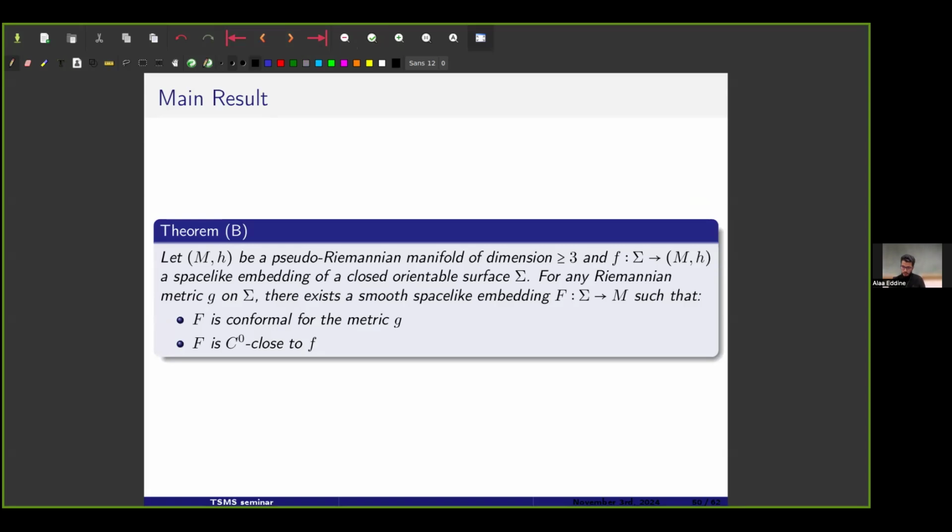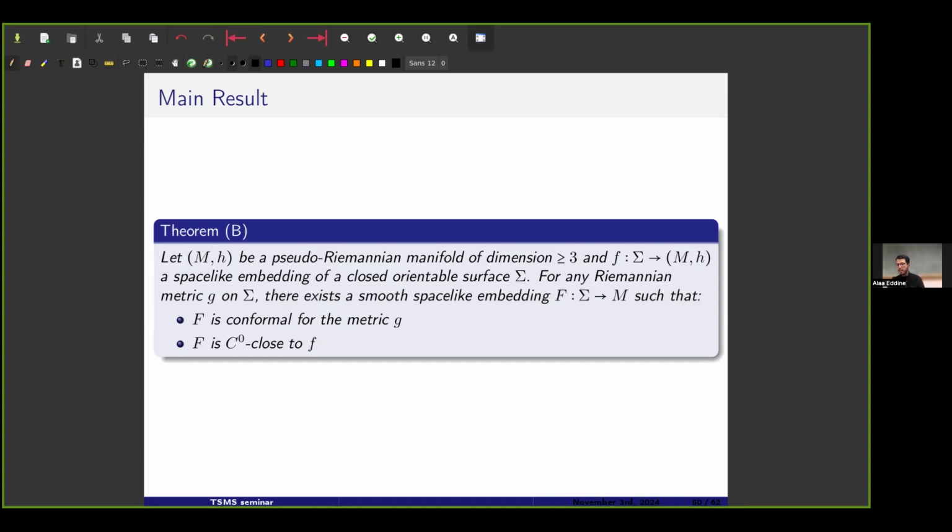So if we have a spacelike embedding, and here I am not talking about quotients of the cone, any pseudo-Riemannian manifold, this will be the case here. So take any pseudo-Riemannian manifold and suppose there exists a spacelike embedding of sigma, which is a closed orientable surface.